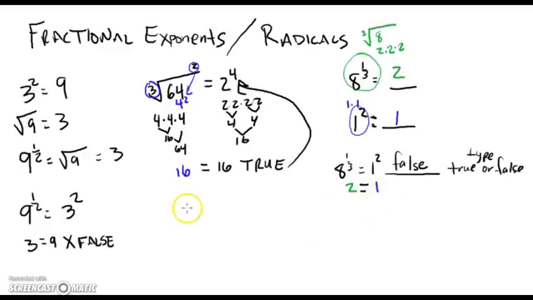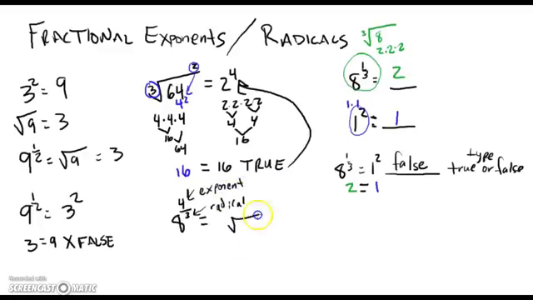While wrapping up, I thought of one last example. It might show you something like 8 to the 4/3 power. When you see this, you just break it apart so that you have a normal exponent, and then this is a fractional exponent, which would be a radical. So this is a radical, and this is just a normal exponent.